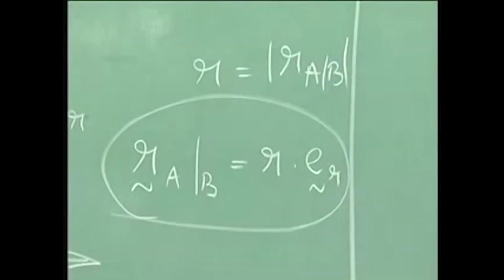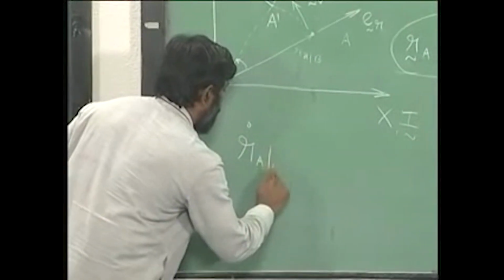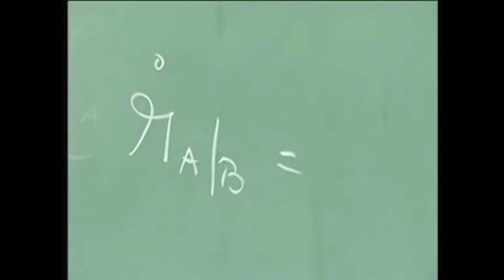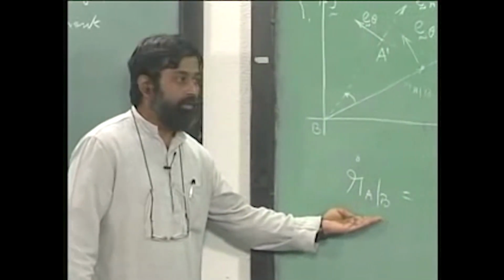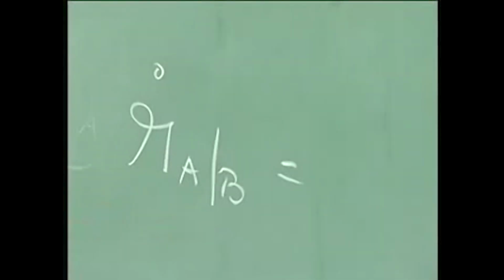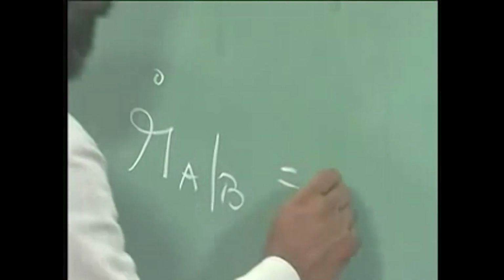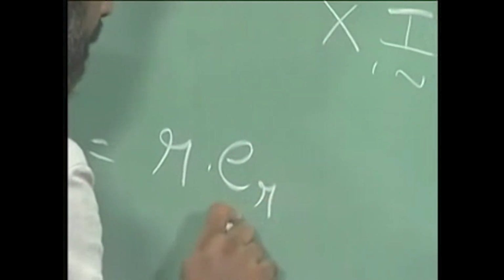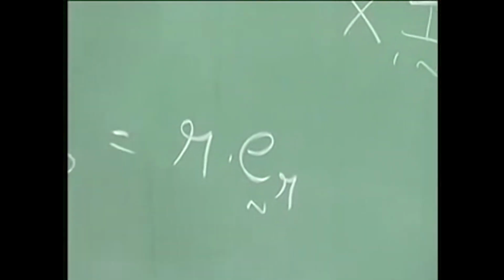Given this, how do I find out R dot of A with respect to B? Most of what we are going to talk about will involve this R dot of A with respect to B. Simple, we will use the simple derivative.